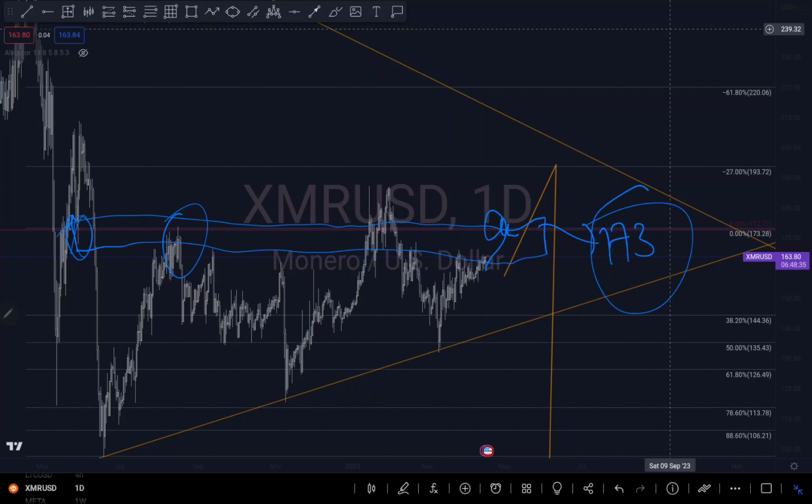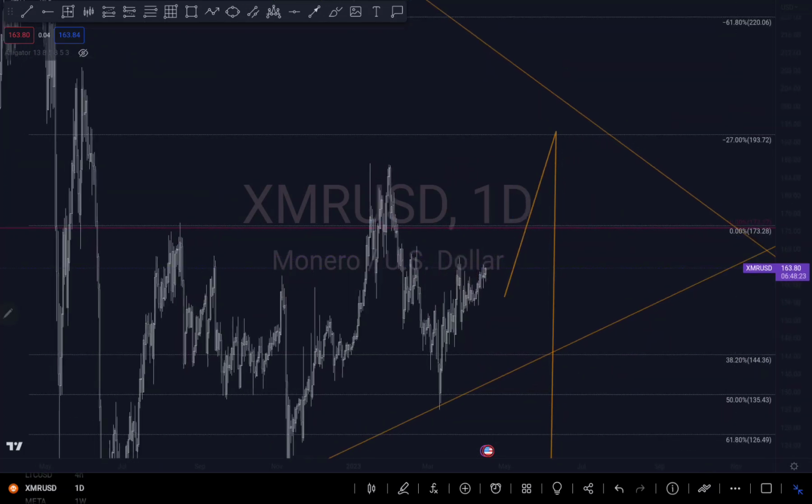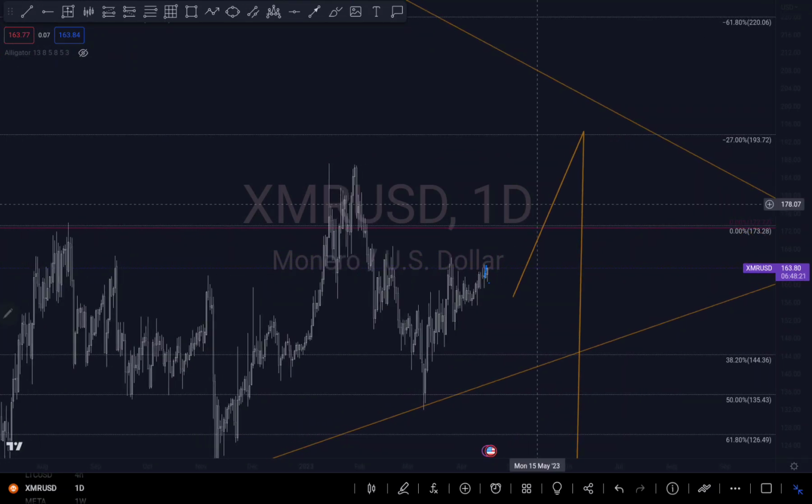We should be mindful around that area as well, because we might bounce off that area and just continue instead of touching here. But I'm still predicting it to at least get to this level before it pushes down. Before we can know it gets to this level right here, we might see a bounce around this level, maybe a break of structure, probably a retest. If we see a break of structure and a retest, then there's a higher possibility that we might get to our target.